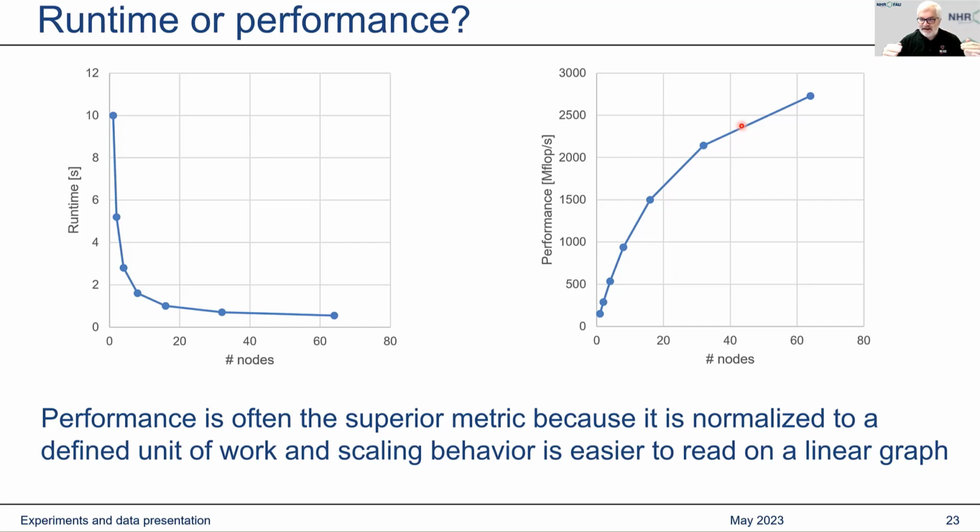And if it's not perfect scaling, it's a line with a negative slope. Okay, so there's a lot of artistic freedom that you can choose from. It's not some kind of strict rules here. Try to present the data in a way that makes it useful for the widest possible audience.